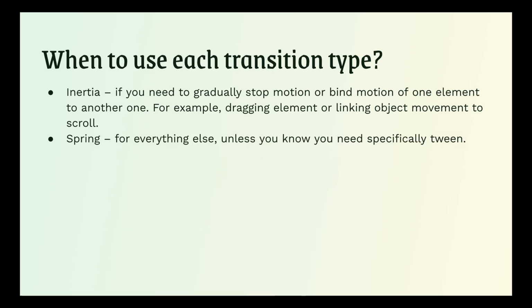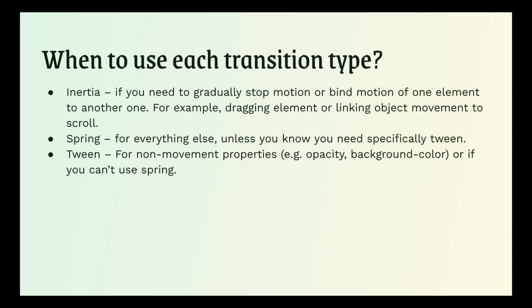When it comes to spring and tween, I would use spring for pretty much everything, unless you actually need tween and you know this, because springs work really well. They look very natural and pleasant to the eye, especially with properties related to movement or the size of the object. For example, translateX and translateY, scale and rotate work especially well with spring animations.